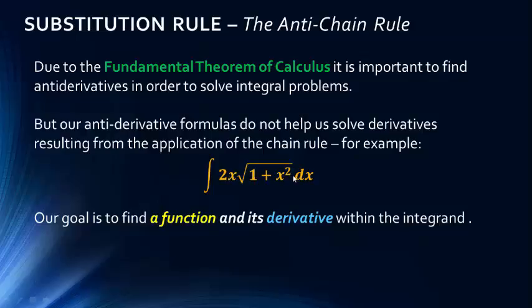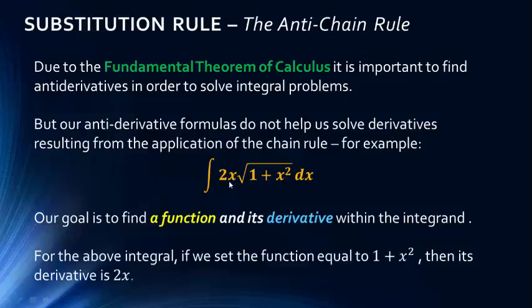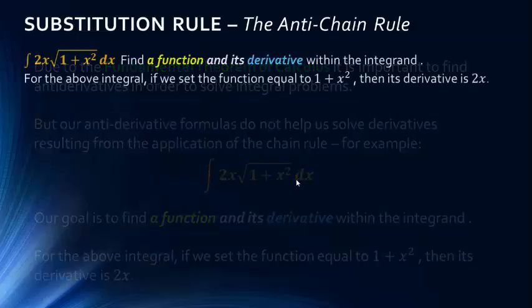So if I make this my function, 1 plus x squared, then the derivative of 1 plus x squared, the derivative of 1 is 0 plus 2x, so I get this derivative here. So here I can see that I have a function, 1 plus x squared, and its derivative, 2x, all in the original problem. So let's see how we go about substituting and solving this.